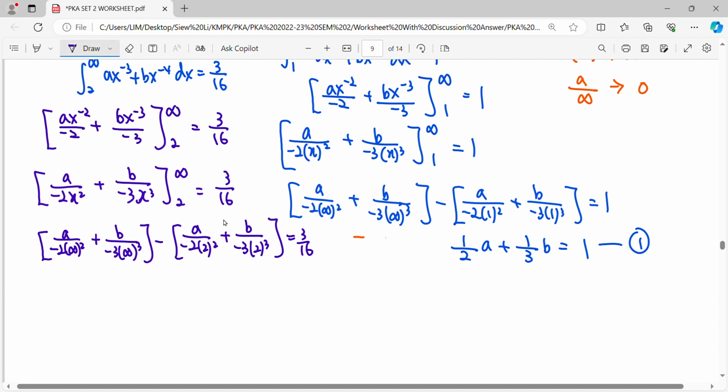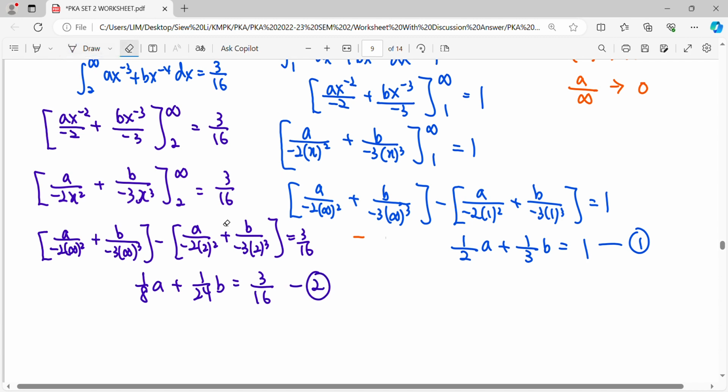Okay, so simplify: a over infinity is 0, b over infinity is 0. Here a over negative 8, negative negative become positive, 1 over 8a. And on this side negative negative become positive. 2 cubed is 8, 8 times 3 is 24, so 1 over 24b. So we have equation 2.